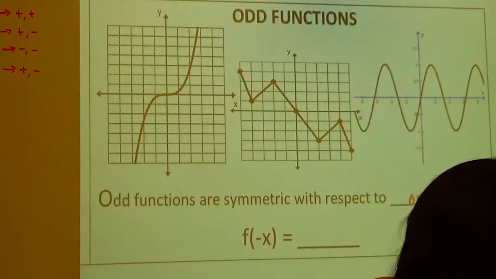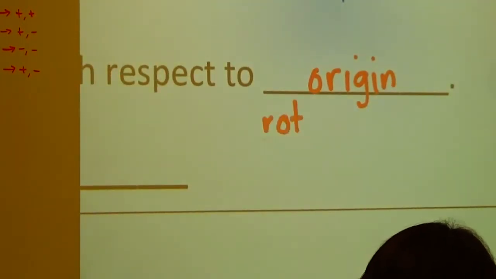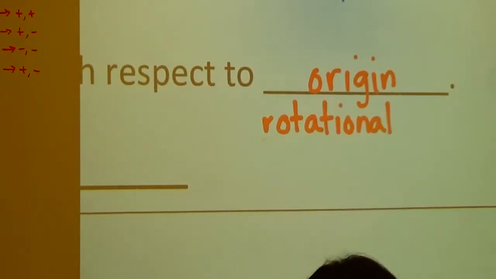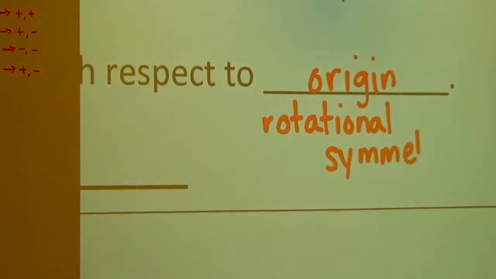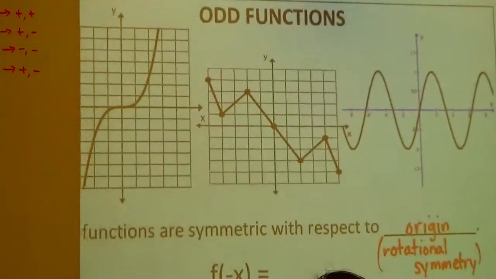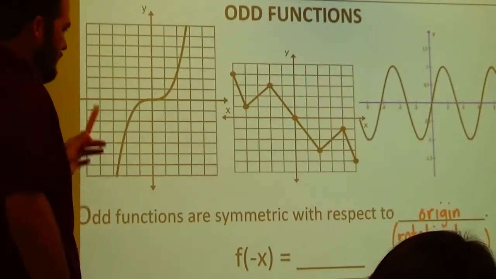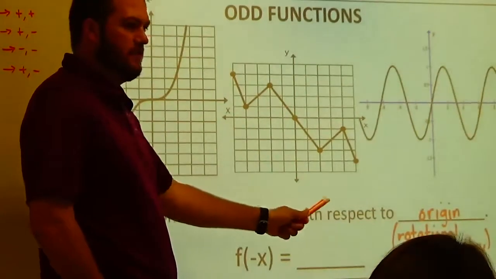And you'll hear me say something like they have rotational symmetry. So to be odd, they're symmetric around the origin, with respect to the origin, or they have rotational symmetry.